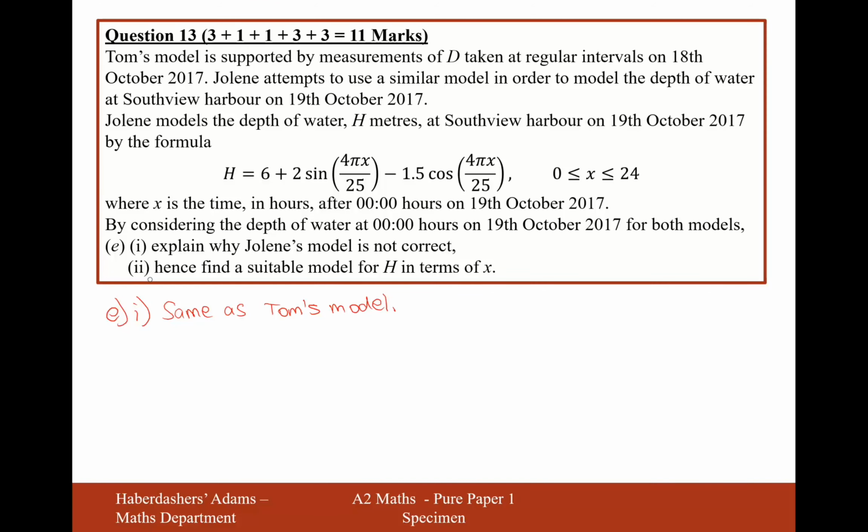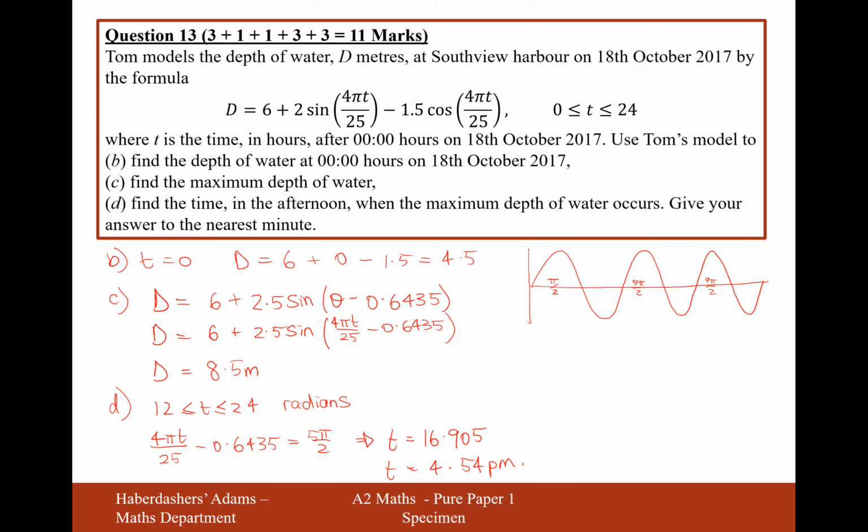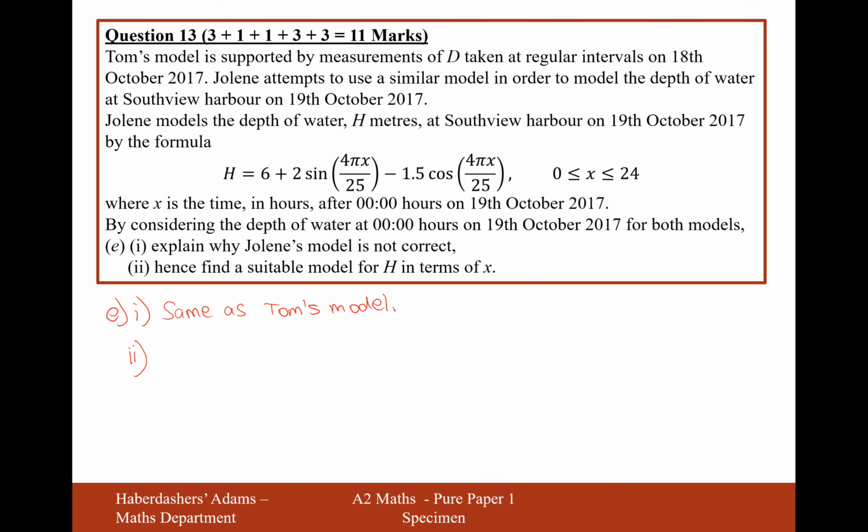Okay, so now part 2, hence find a suitable model for H in terms of T. Well, what it should be really is, if we consider Tom's model, which was this one here, at t equals 24. After 24 hours have passed, it won't be the 19th of October anymore, it will be Jolene's day, which is the 19th of October.